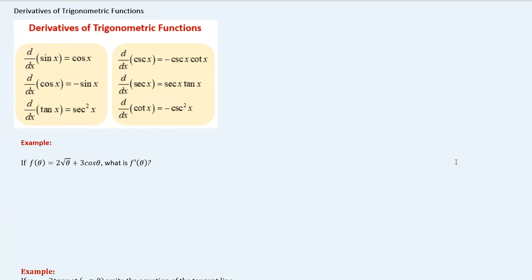So the first one we're going to look at is f of theta equals 2 square root of theta plus 3 cosine theta. We're trying to figure out what is the derivative of that function. So, first we have to rewrite the square root as a power.